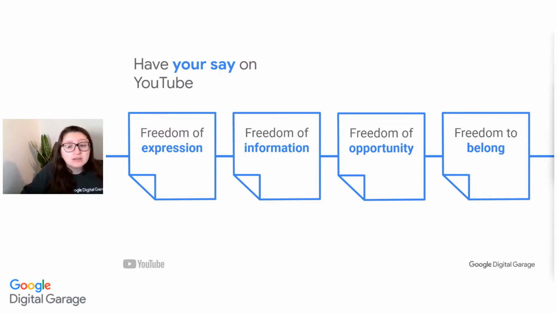And finally, the freedom to belong. Everyone should be able to find communities of support, break down barriers, transcend borders, and come together around those shared interests and passions. So it's really interesting to start to understand YouTube's mission and the 4 essential values of freedom that YouTube's mission is centered around.